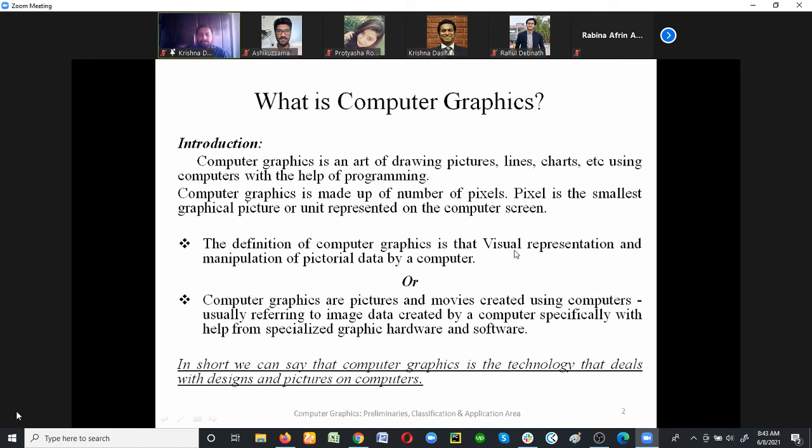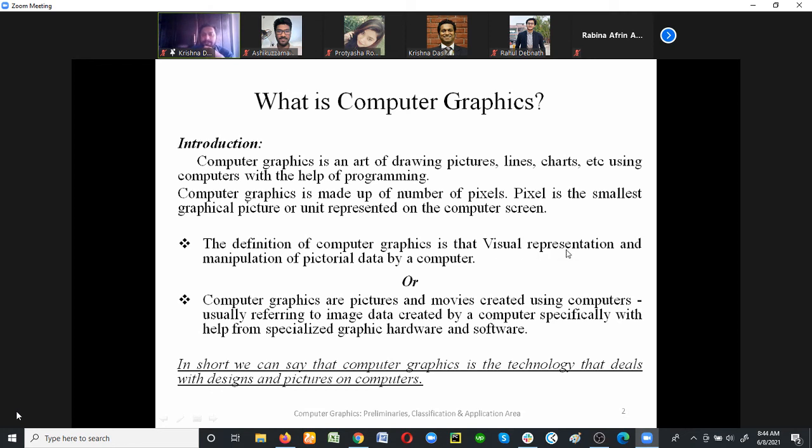So the definition of computer graphics is the visual representation and manipulation of pictorial data by a computer. Now it is more in a computing way that we are trying to define, because we are talking about computer graphics, not other graphics. So whenever we say computer graphics, it is a visual representation. We are representing some kind of data visually, which we are calling pictorial data, right?